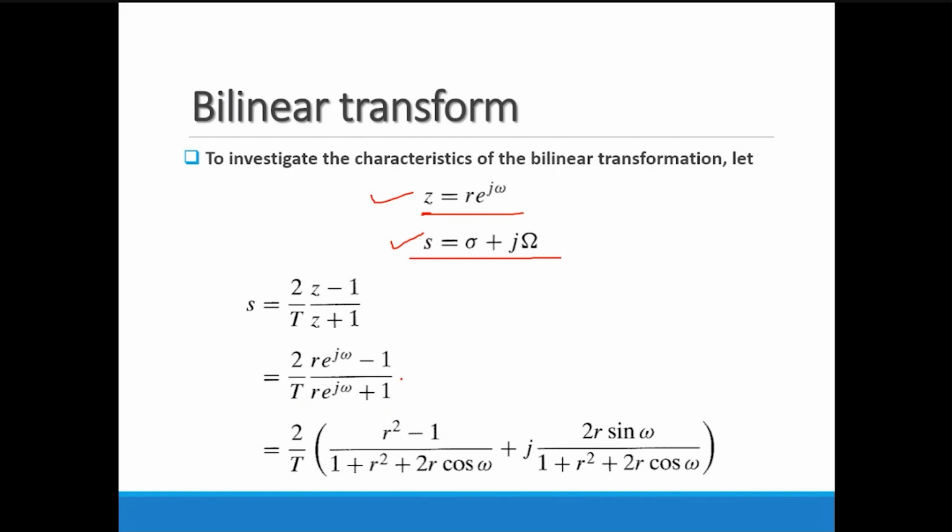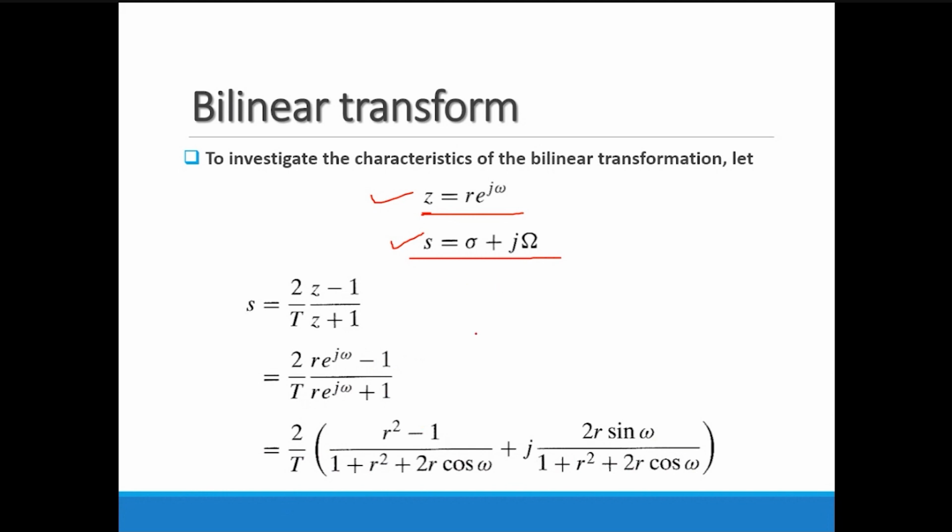Now when you simplify this, multiplying the numerator and denominator by R e raised to minus j omega plus 1, you get the answer: 2 by T, R square minus 1 divided by 1 plus R square plus 2R cos omega, plus j into 2R sin omega divided by 1 plus R square plus 2R cos omega. Here we have written the real part and imaginary part separately.